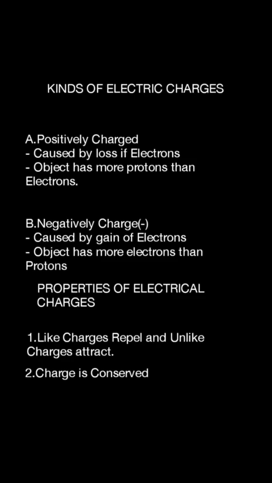Charge cannot be created nor destroyed, it can only be transferred from one object to another. The next one is that charge is quantized. Electric charges exist in discrete amounts, not continuous. The last one is that charge is a scalar, which means charge has magnitude only, no direction, unlike forces. So it is a scalar quantity.